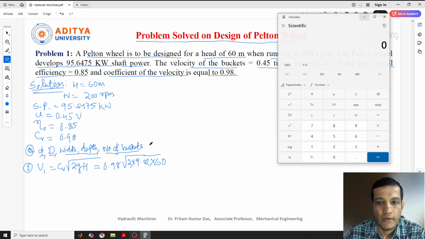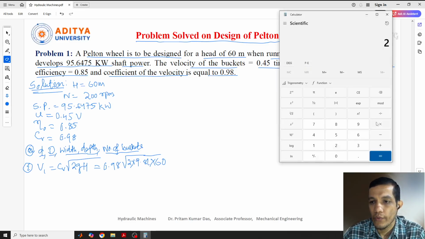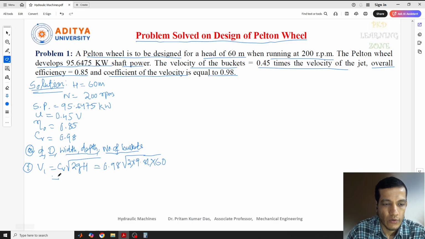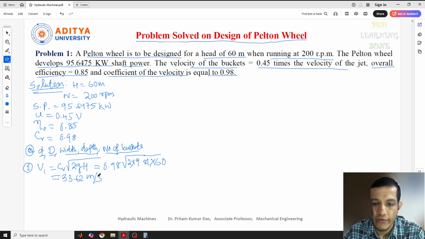So 2 into 9.81 into 60 and root over of this is 34.31, into 0.98, it will come 33.62 meter per second. So this is our V1 we got.